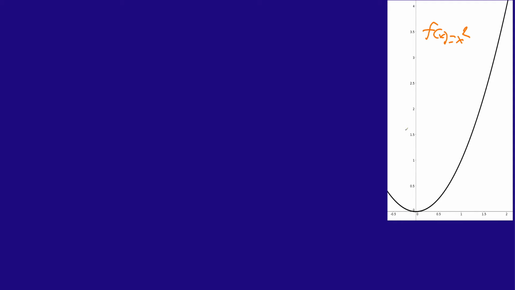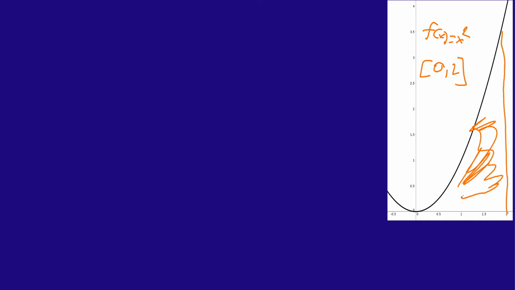We're trying to find the area under the curve where it goes from 0 to 2. Basically, we want to go from here and get all this stuff right here. That's what we're trying to get right there.